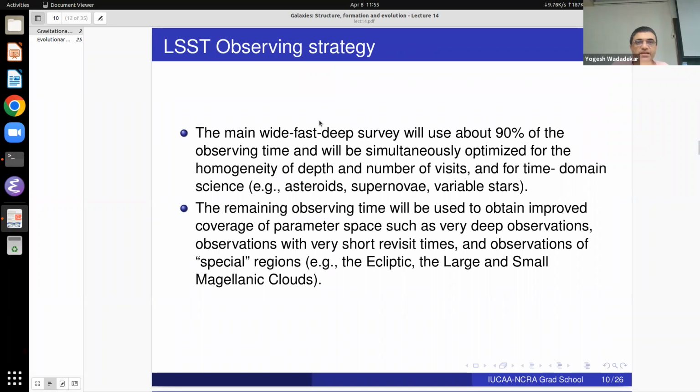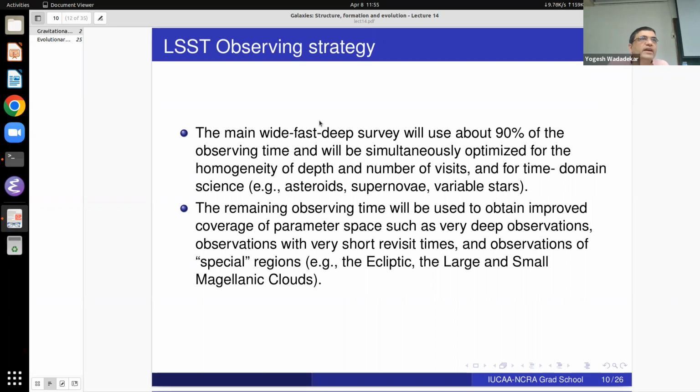The main survey, which is called the wide, fast, deep survey, will use about 90% of the observing time and will be simultaneously optimized for the homogeneity of depth, the number of visits, and for time domain science.